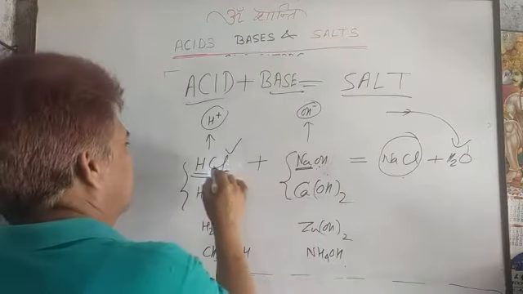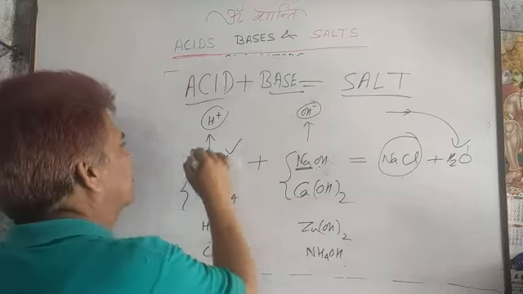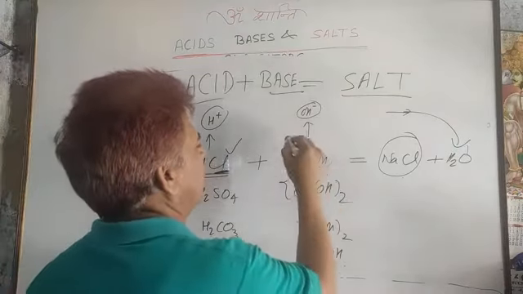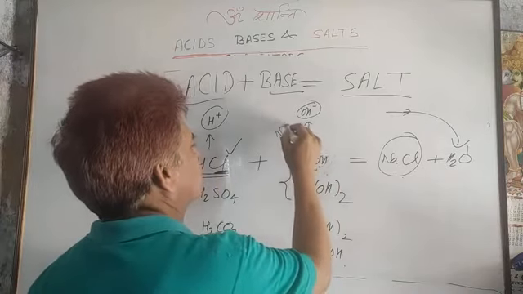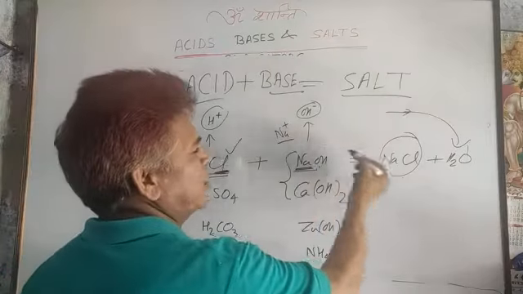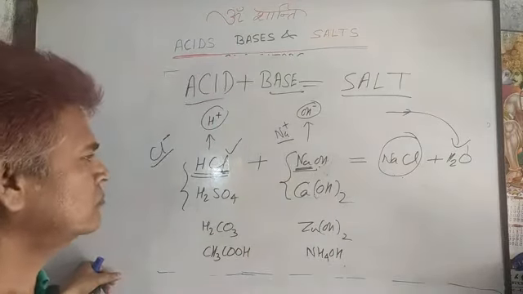From the acid comes the radical Cl minus, and from the base comes the basic radical Na plus, and that chloride and sodium combine together and convert into sodium chloride.